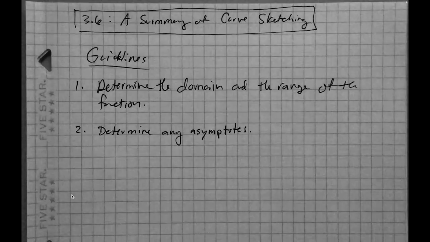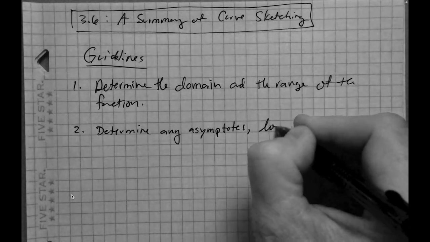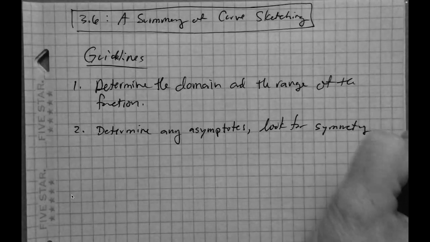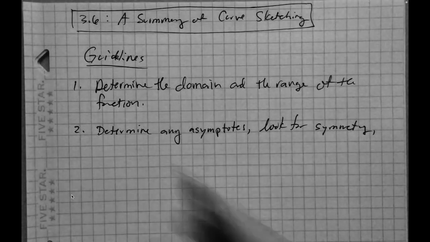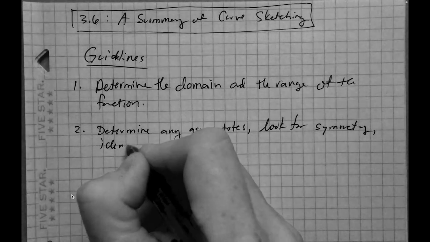Also look, as part of this, for symmetry of the graph as well as intercepts. Determine any asymptotes, look for symmetry, and identify any intercepts, sorry.